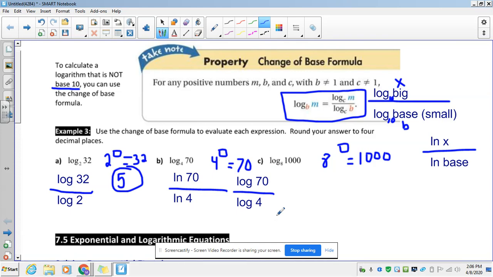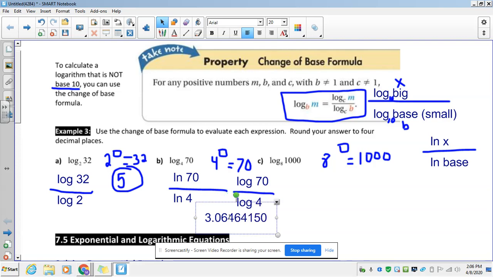So if I put ln 70 divided by ln 4, I get 3.0646. So let's say 3.06. If you now put log 70 divided by log 4, you will also get 3.0646415.